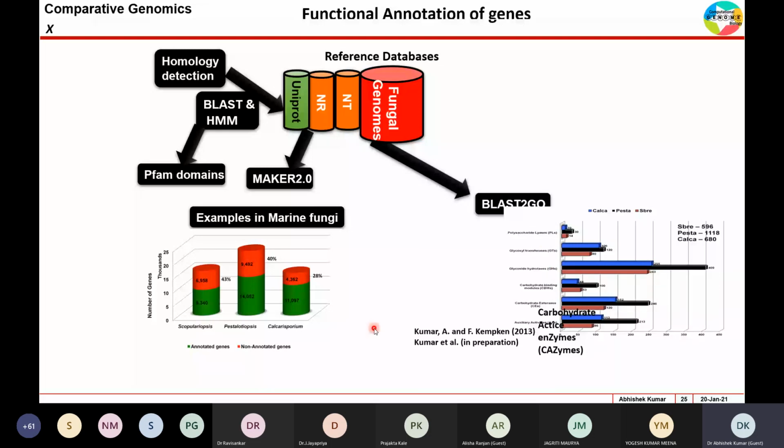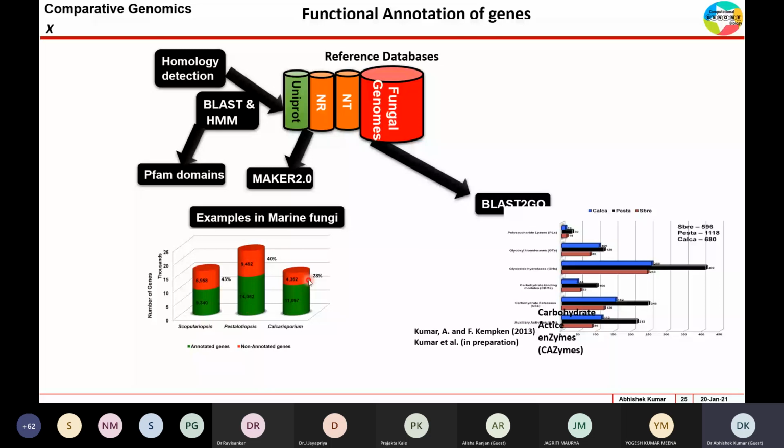Here I'm showing you a marine fungus genome, and we could annotate approximately 60 to 70% of it, but the red ones are not annotated.